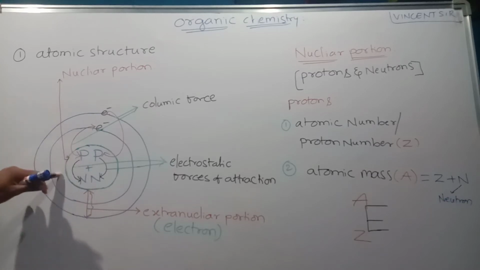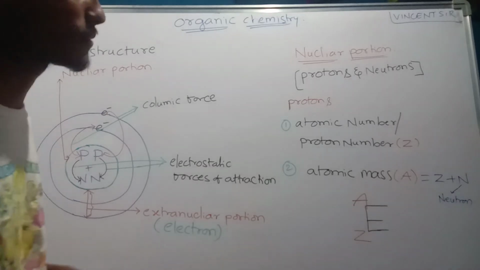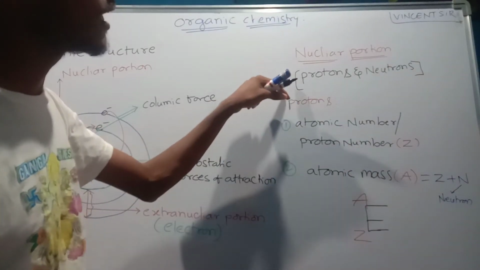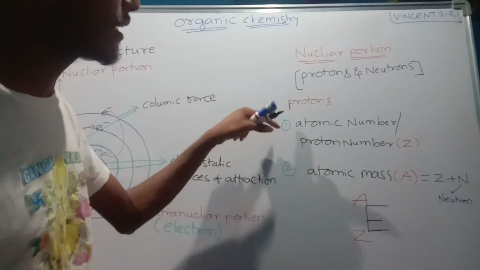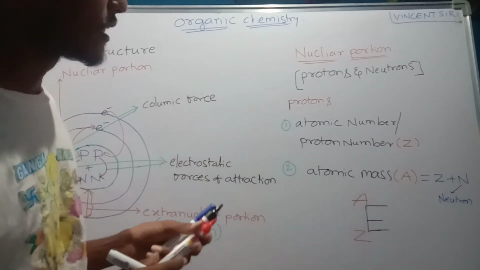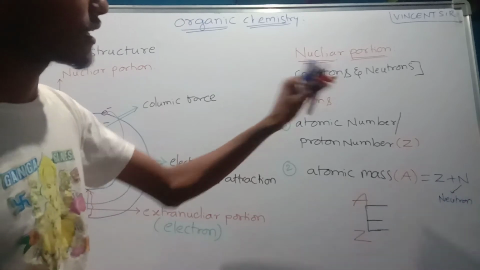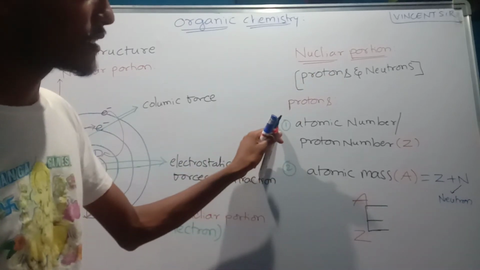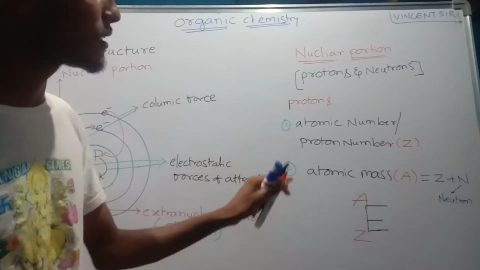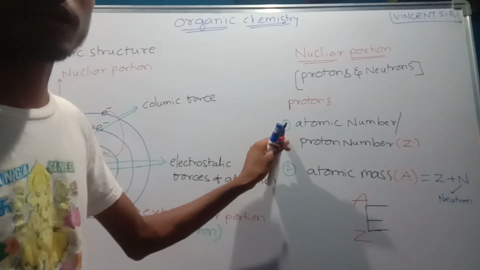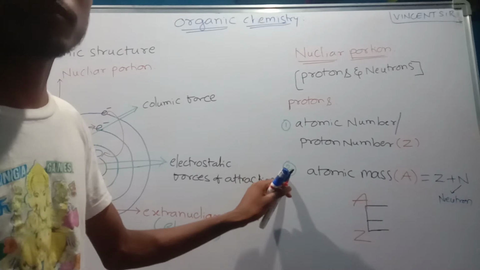The nuclear portion mainly consists of protons and neutrons. One thing to remember related to an element is the atomic number, or proton number, and the next is the atomic mass.